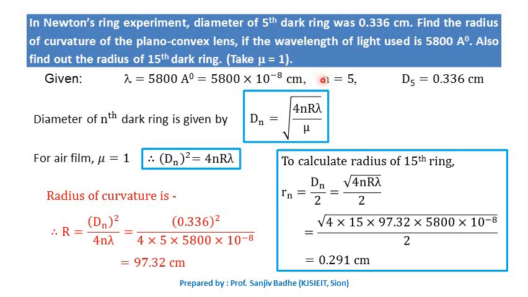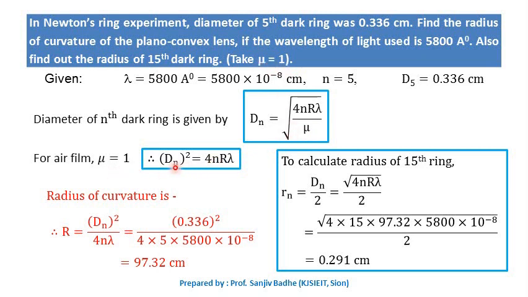N is given as 5, fifth dark ring, and the diameter of the fifth dark ring is given as 0.336 centimeters. We know the diameter of the nth dark ring is given by dn equal to square root of 4 n r lambda upon mu, where r is the radius of curvature of the lens, lambda is the wavelength of light used in the experiment, and mu is the refractive index of the film. Now for air film, it is given as mu is equal to 1.